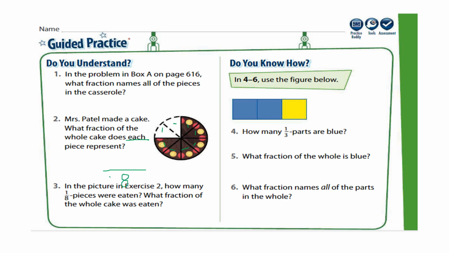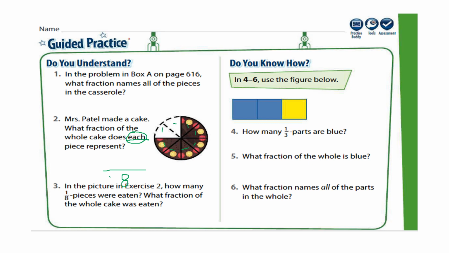Very nice. Now for each piece, what do you think the word each means? Each means each single piece. What does the word single mean? It's a unit. What is the meaning of unit? Excellent. It's one. So each means single, single means unit, and unit means one.